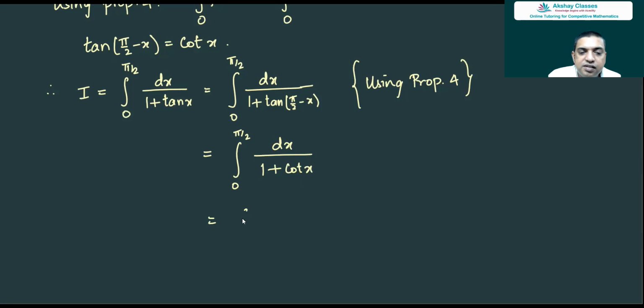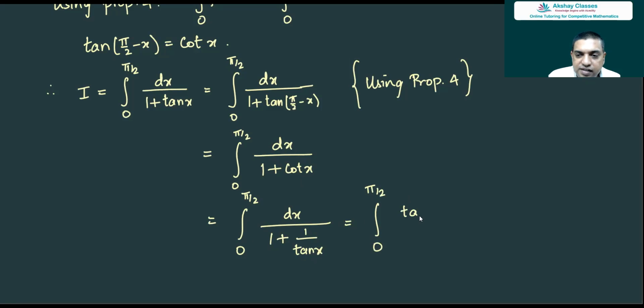This cot x I will write as 1 upon tan x, so I'll get integral 0 to pi by 2 tan x by 1 plus tan x dx.